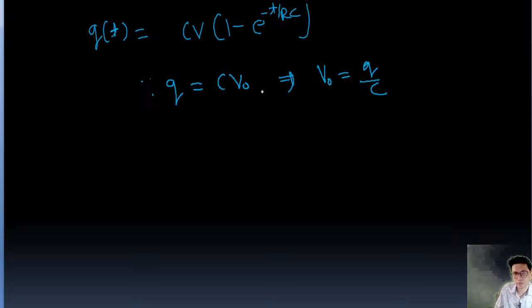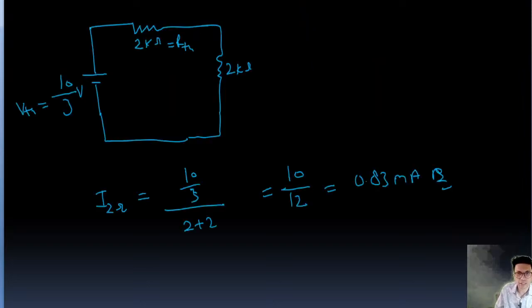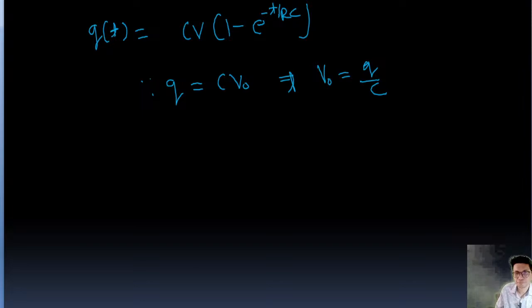This V is this one, 3 volt. Okay, this is V naught. V naught equal to Q upon C. So now what we can do is, in this equation we can find out this one.